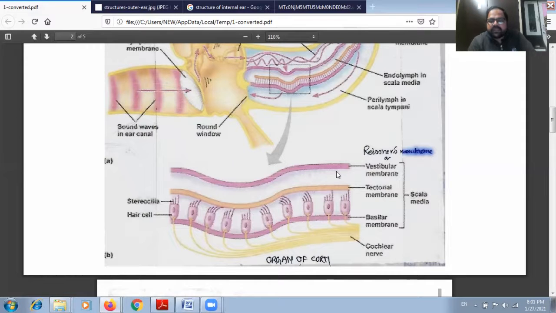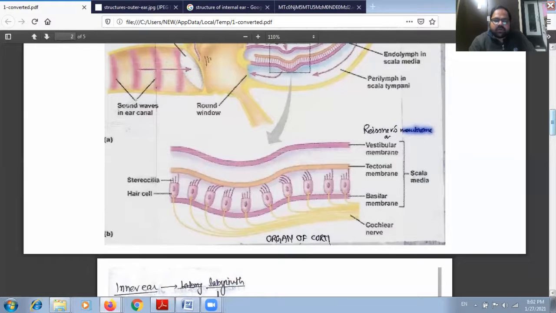Now we can see that the whole of this structure, or we can say the portion present between the vestibular membrane, or we can say the Reissner's membrane, and the basilar membrane, is called scala media. So we will see here there is an organ of Corti. This portion, on the basilar membrane, is called organ of Corti.